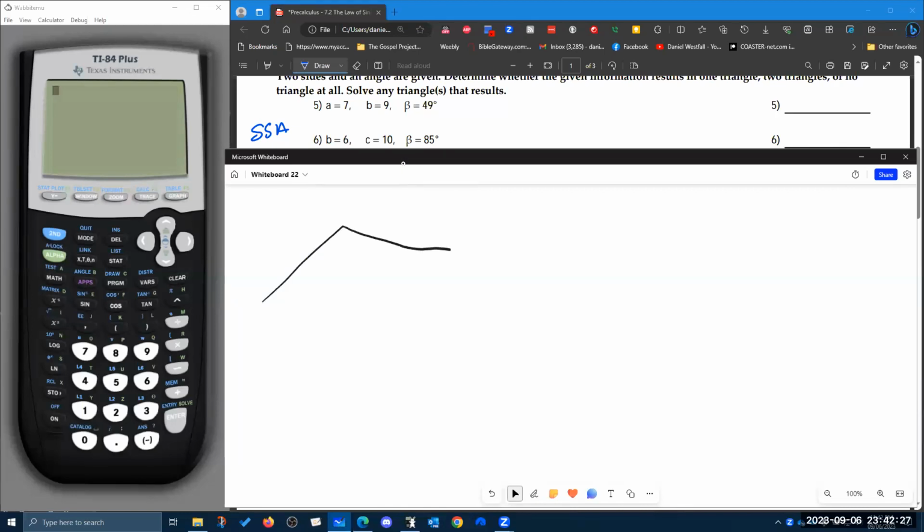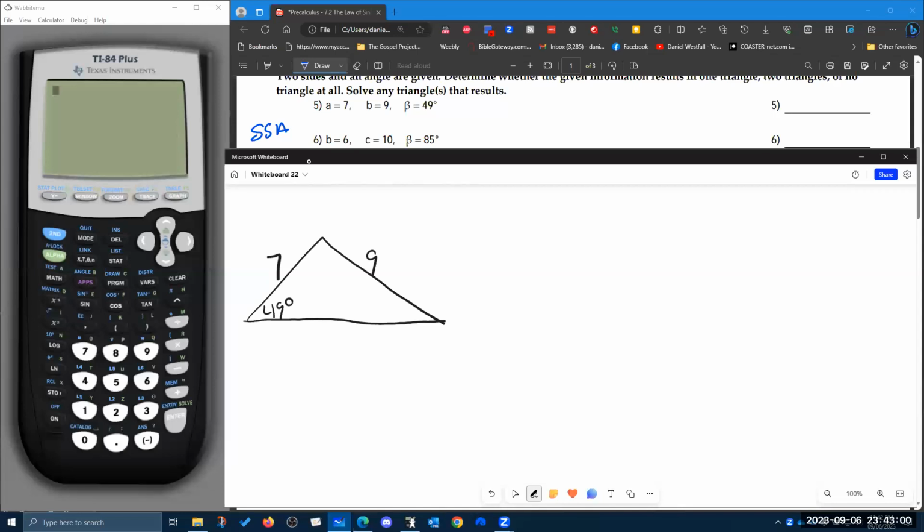I'm going to draw a scalene triangle here, and I'm always going to assume it makes a triangle until I know otherwise. I'm going to put the known angle in the lower left-hand corner, and I'm going to put the side across from it, and the other side has to go over here on this side.